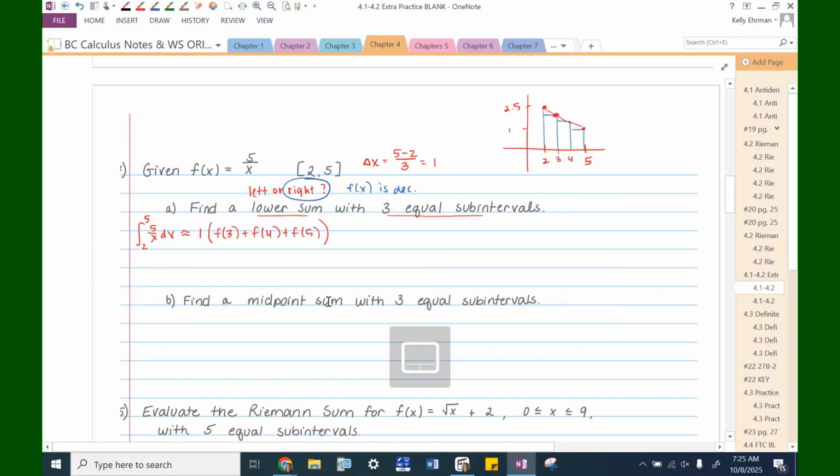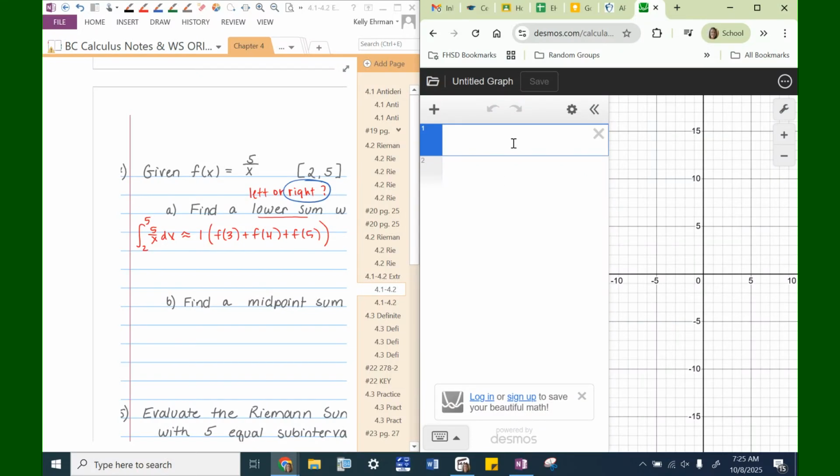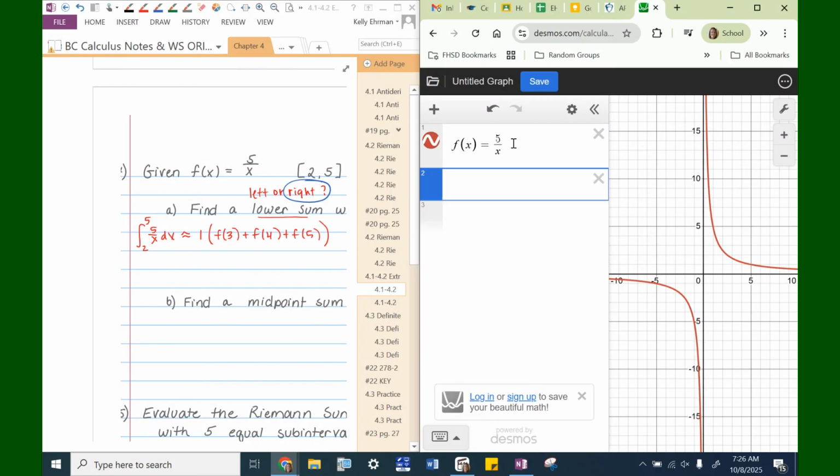Also, I'm going to go ahead and use a calculator for this, so I've got Desmos up here. So type in f of x. You could just type this in by hand. Again, it's not that hard, but I just want to show you this. So I can type in f of x. And then down here, I don't really need the 1, so I can just say f of 3 plus f of 4 plus f of 5.